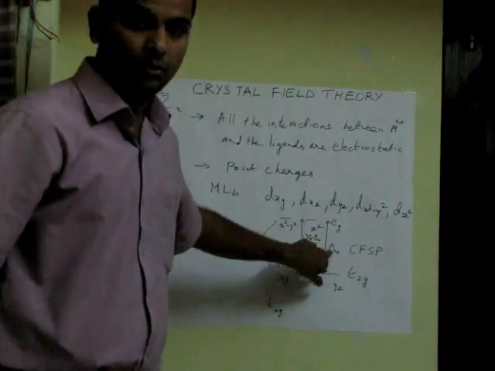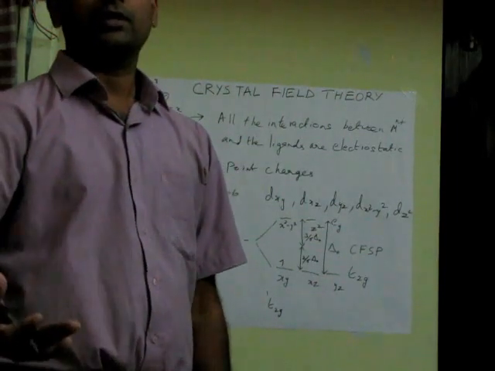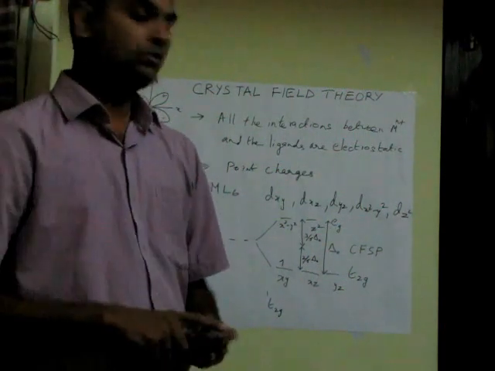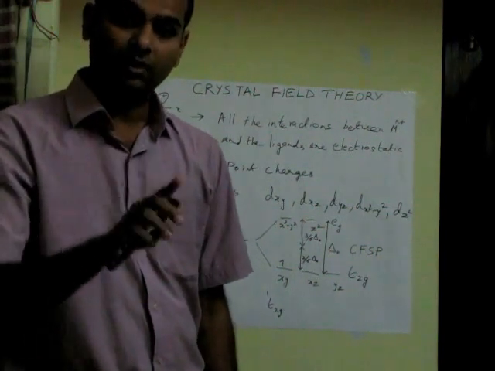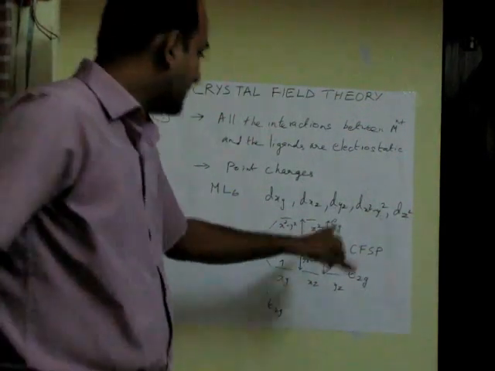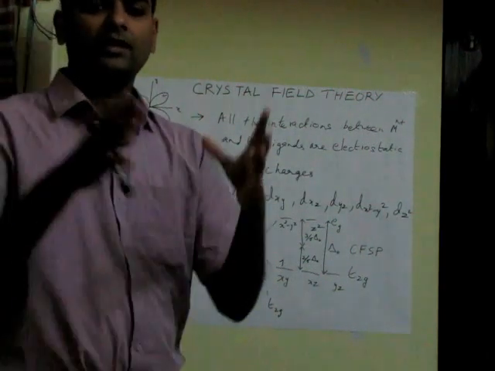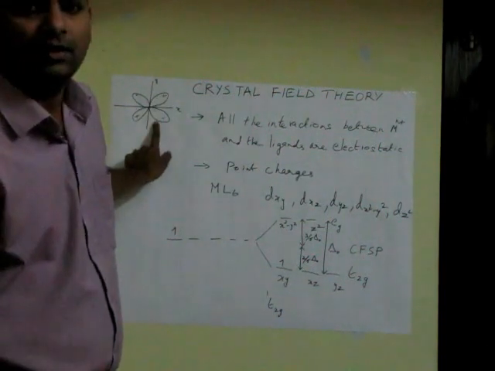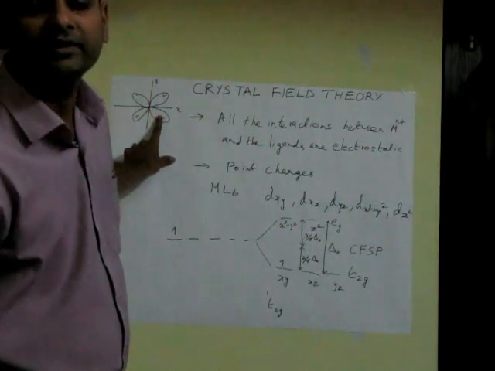Now this delta O is an empirical value which one may obtain from the analysis of the electronic spectrum. And as I told you, for a d1 system where only one electron is there, without any possibility of inter-electronic repulsions in the d orbitals, this delta O directly corresponds to the lambda max that one may see in the electronic spectrum. Now, I showed you a representative idea of a dxy orbital.